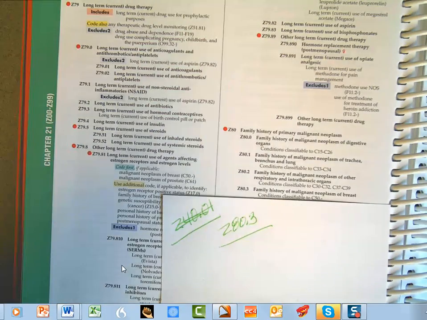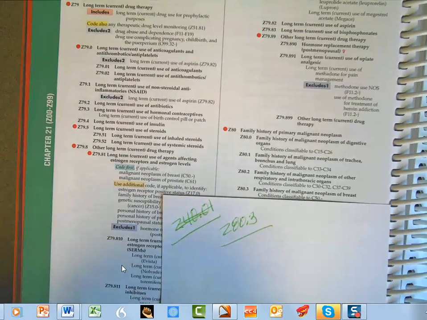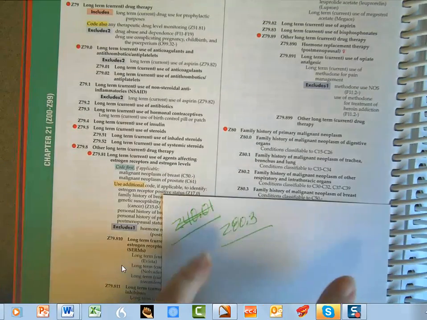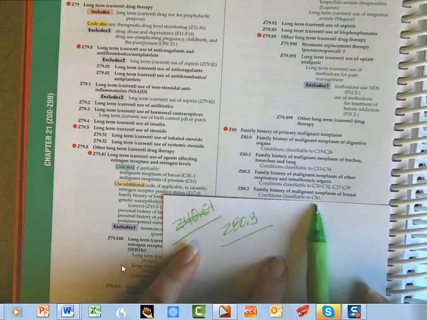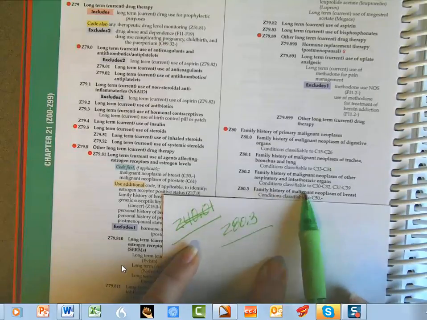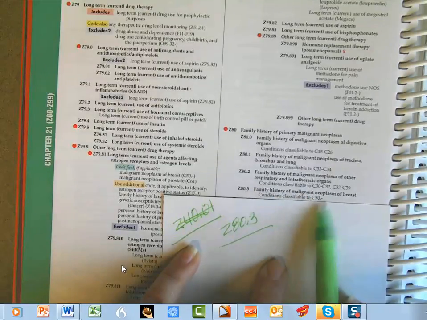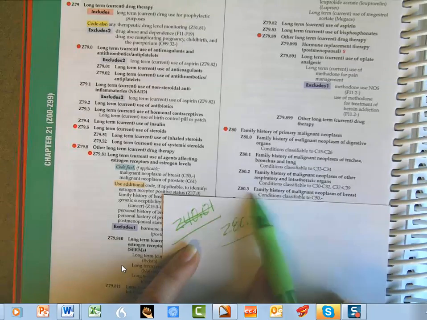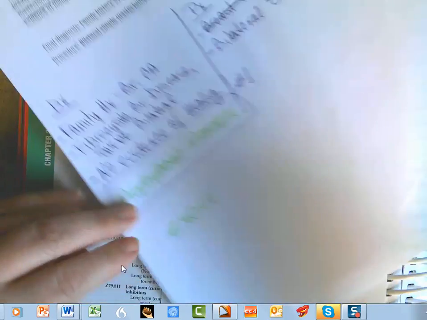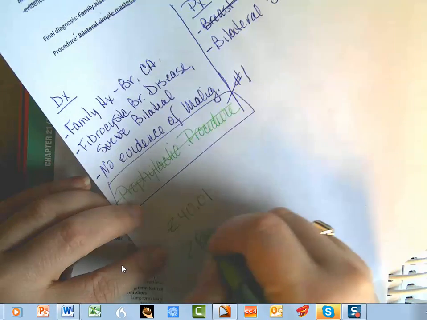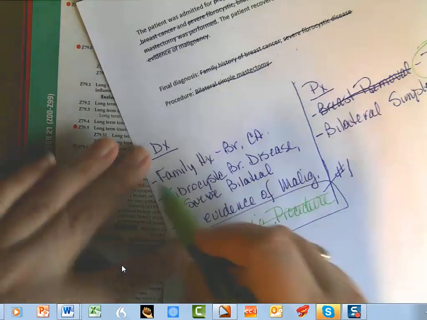Now, what that means is that if someone in her family had breast cancer, and it was classifiable to this when they had it, this is what it was coded to, then this is the correct code to use for her family history code. All right, and since these are the breast cancer codes, this is correct. So Z80.3 is going to be a secondary code. Okay, so now we've got the family history code done.